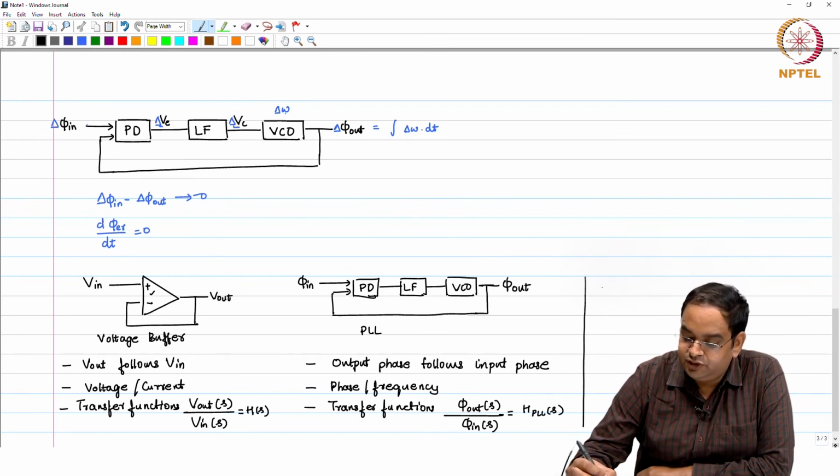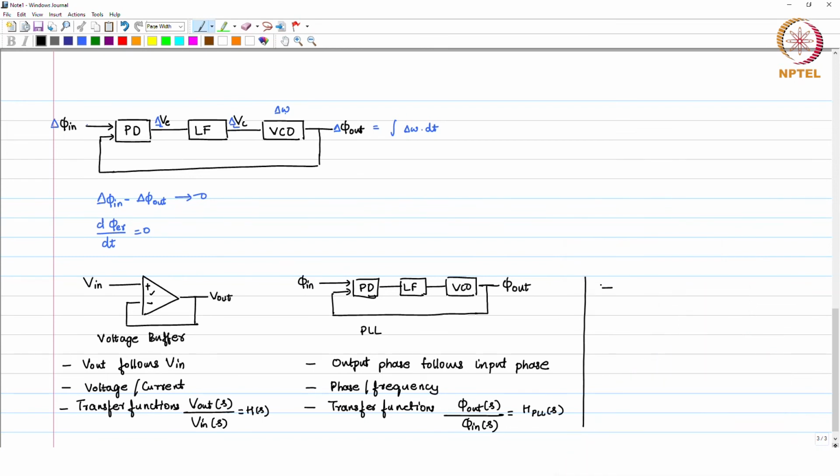So, just to help you understand, when we talk in the voltage domain about the transfer function H of S, V out of S by V in of S, for example, I will just pick one low pass transfer function, let us say 1 over 1 plus S by omega p.